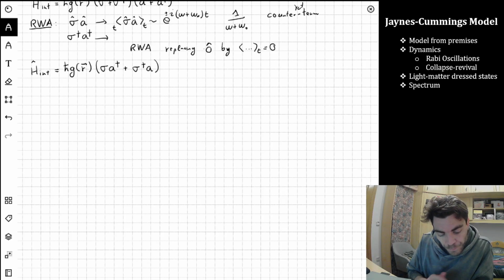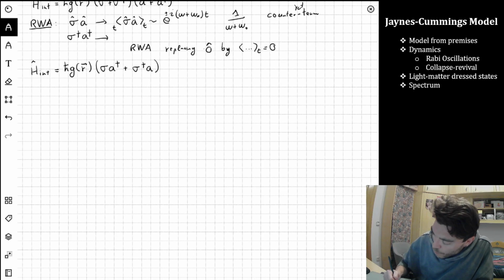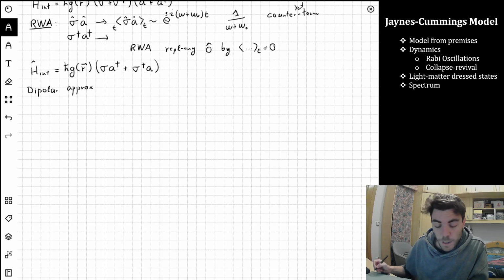Another approximation we will make is called the dipolar approximation, which again was discussed already during the discussions on the semi-classical model.